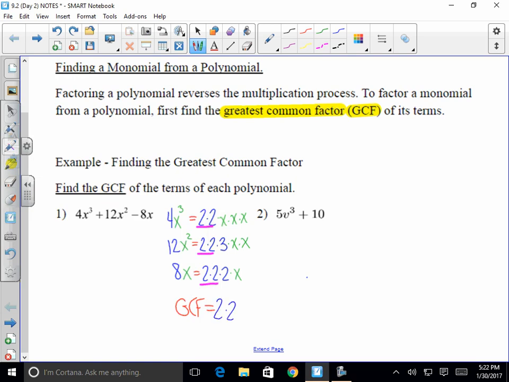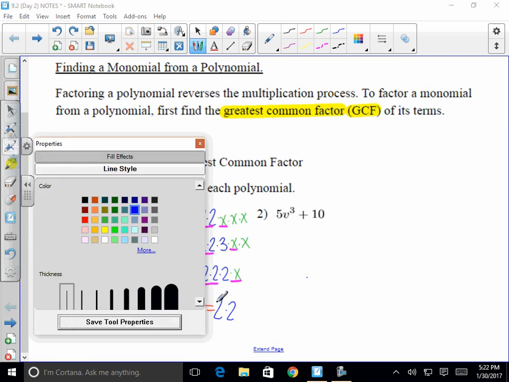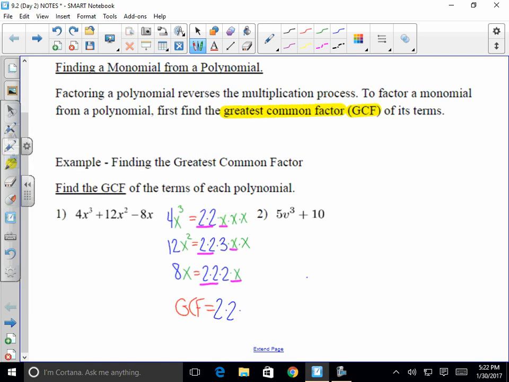All right, now for our x's, the greatest number of x's they have in common is just 1. So we are looking at just 1 x. Okay, now what that means is our GCF, sorry, I'm using somebody else's board, is 4x.